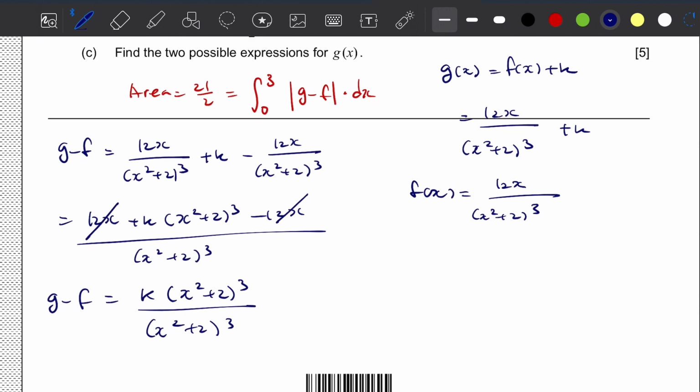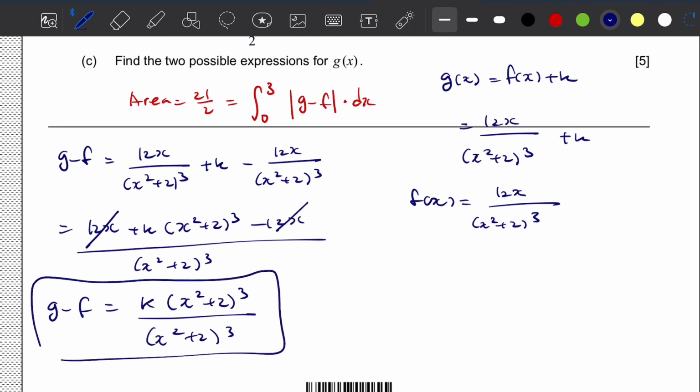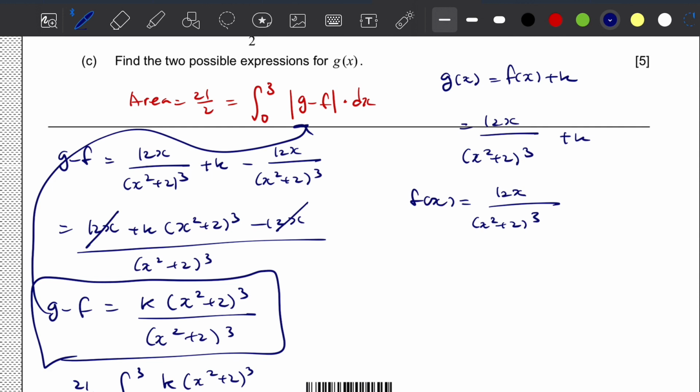Then putting this information back into our integration will give us the formula 21 over 2 equals the integral from 0 to 3 of k times (x squared plus 2) to the power of 3 over (x squared plus 2) to the power of 3 dx.